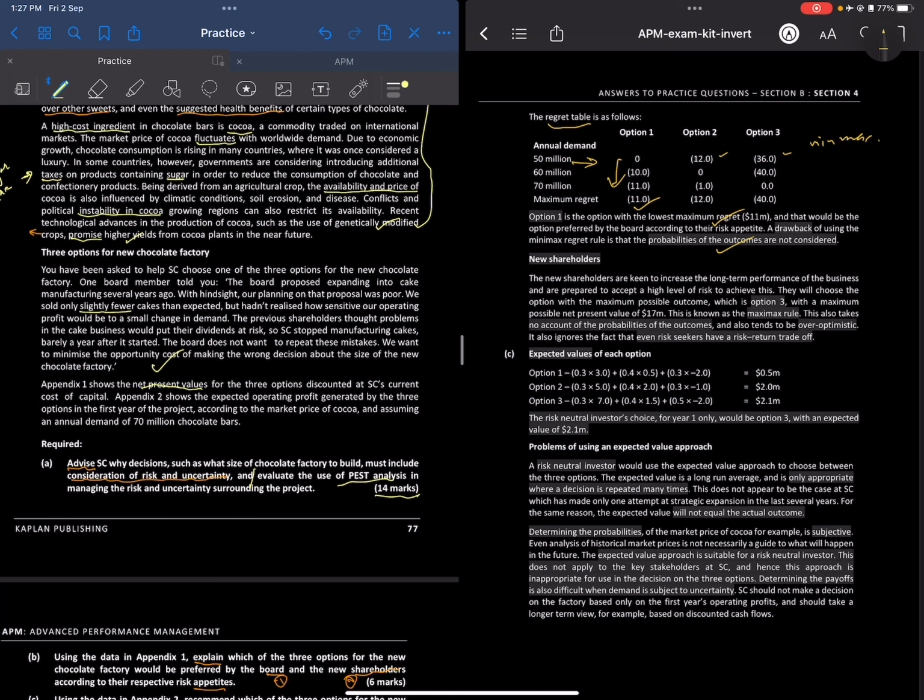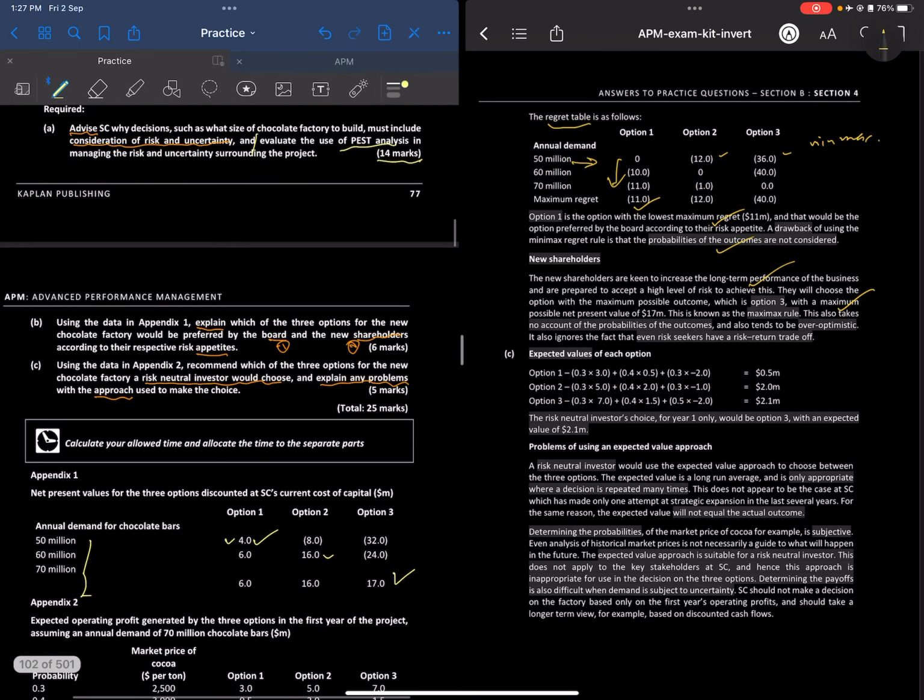So they are keen to increase the long-term performance of the business, and they want a maximum possible NPV, right? So they want the maximum possible NPV, so maximax, right? So for each demand level, the maximum is 4, and it's 16 and then 17, so they will go with the 17 one, right? So 17 million at annual demand of 70 million.